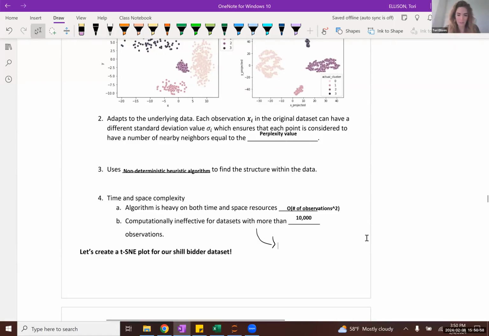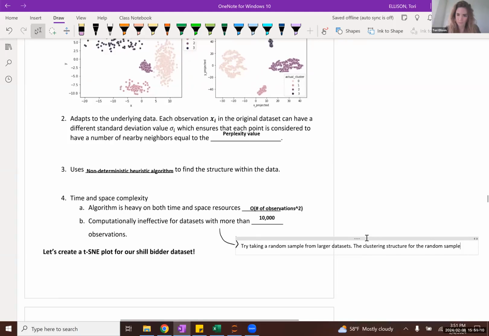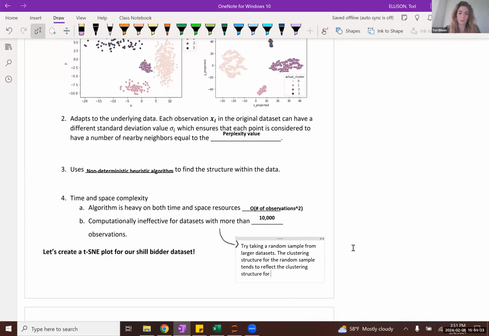We can simply try taking a random sample from larger data sets. And what we often see is that the clustering structure of the random sample tends to reflect the clustering structure of the full data set.